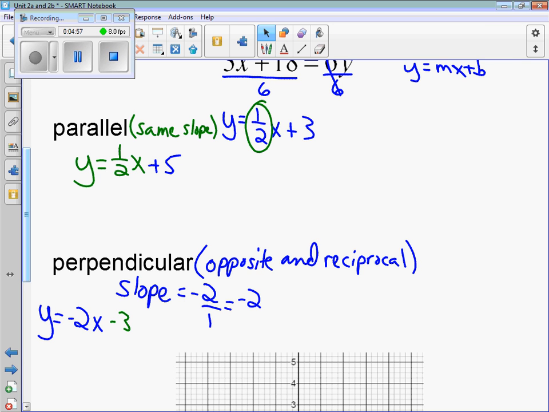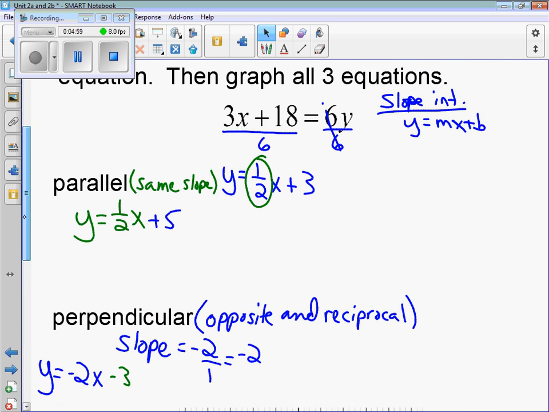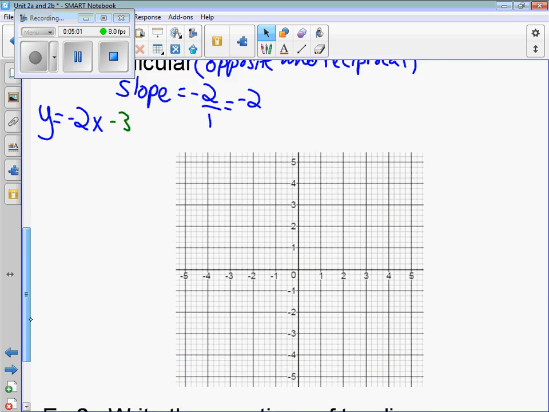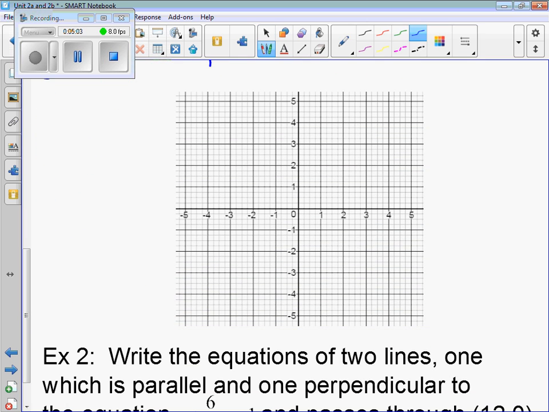First one, y equals 1/2 x plus 3. 3 first, so that's the y-intercept, and then 1/2, rise over run, so up 1, right 2. Up 1, right 2. So this is the first line, y equals 1/2 x plus 3.